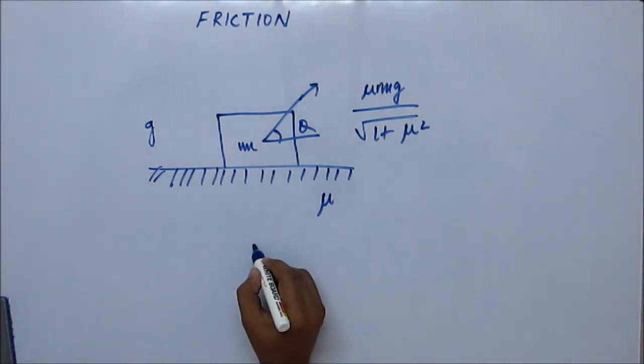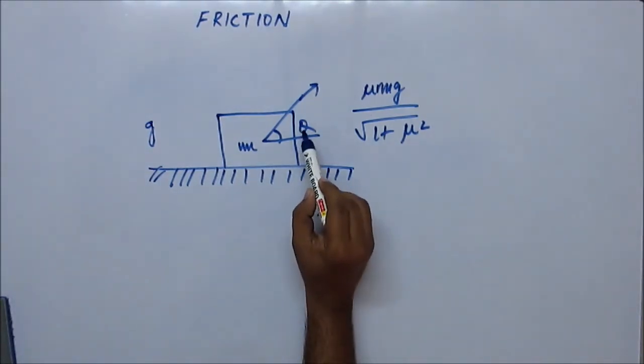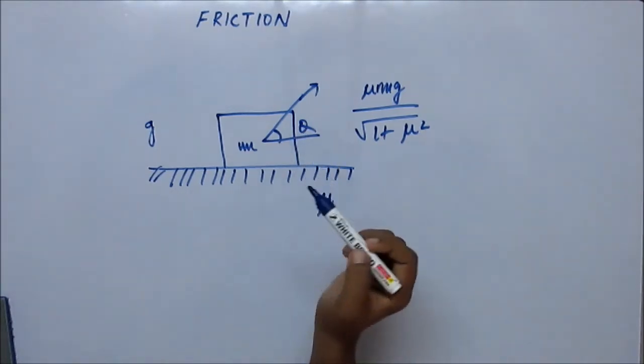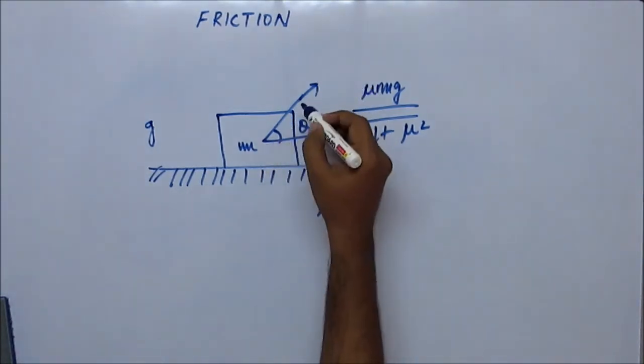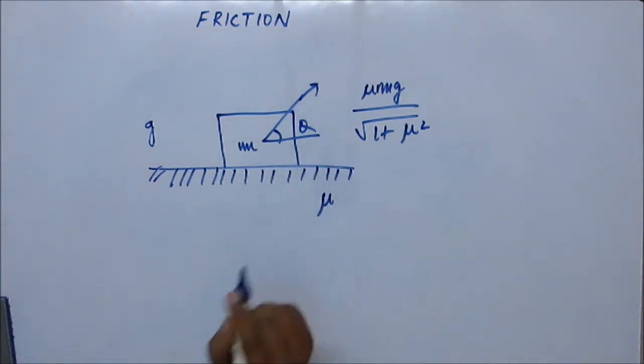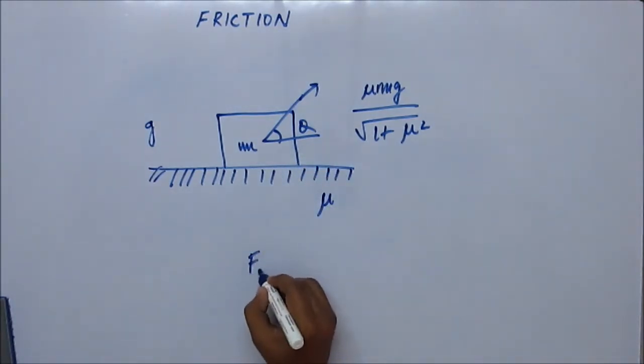You would have no problem if you fix this angle theta. If you consider that this angle theta is fixed, then you will have no problem in finding the minimum force at this angle theta at which the block will start to move.